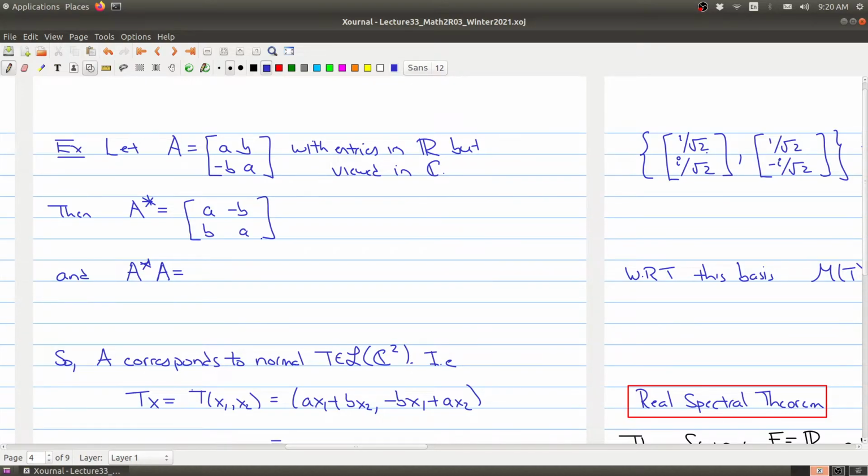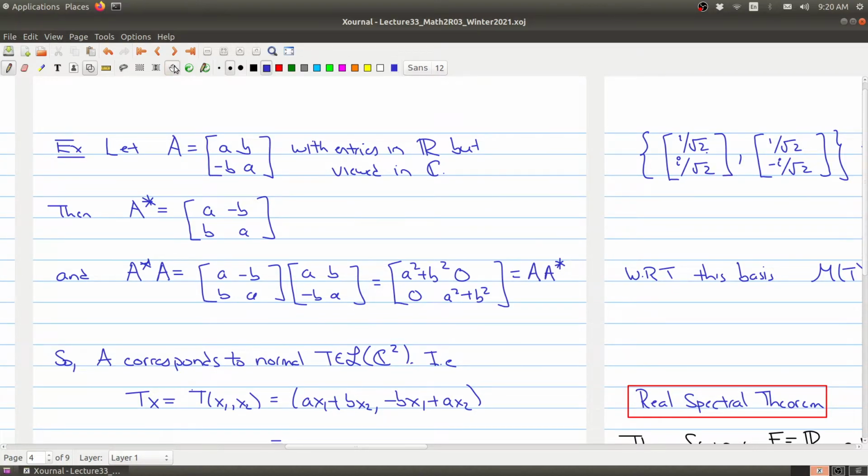When we take these two matrices and multiply them together, we get A, negative B, B, A times A, B, minus B, A. When I multiply them together, I get A squared plus B squared, 0, 0, A squared plus B squared, and that's the exact same thing as if I were to multiply them in the other order.